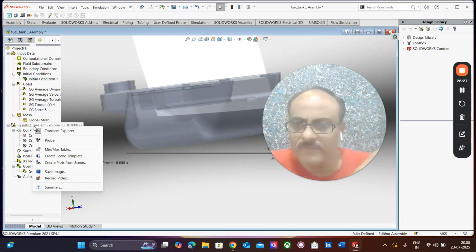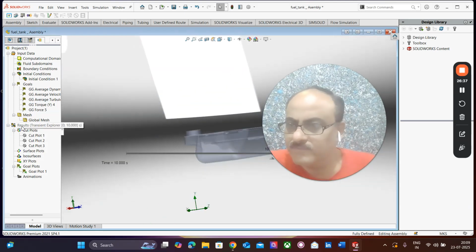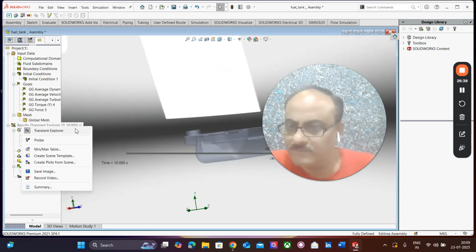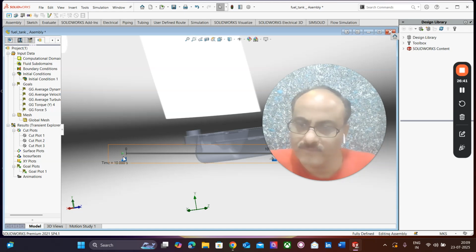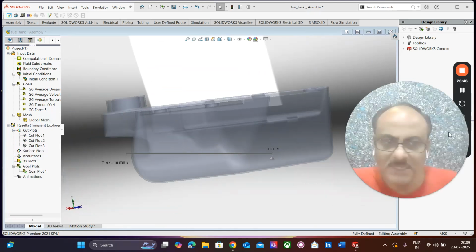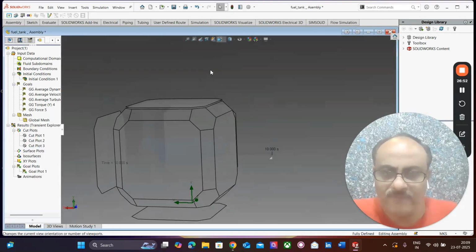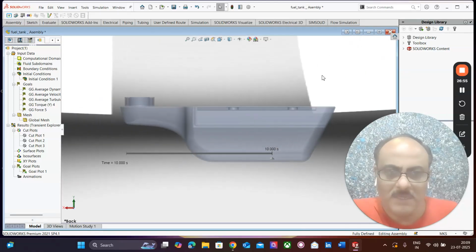Here we perform a transient simulation, and based on the transient simulation we will understand, I mean, we'll be able to find out what the capabilities are.